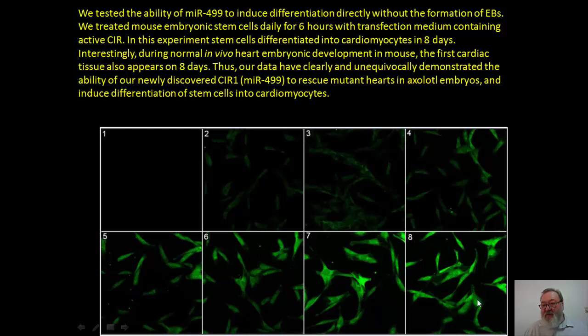At least 80% at day 8 had formed into cells that were expressing cardiac-specific troponin T compared to about 20% of the untreated cells. So clearly the cardiac-inducing MIR is basically able to induce the formation of cardiac cells from stem cells as well.